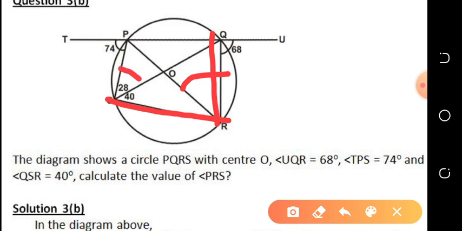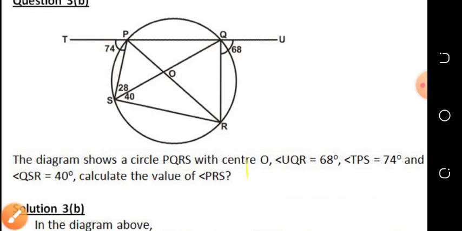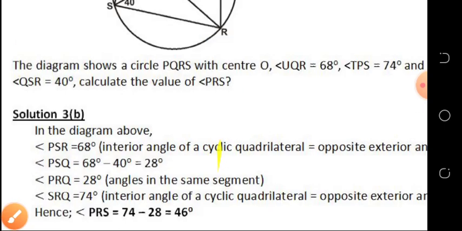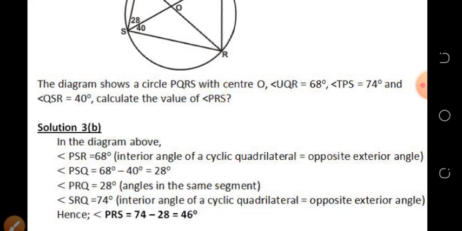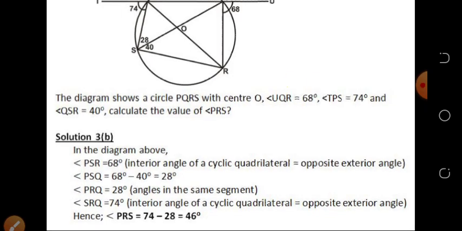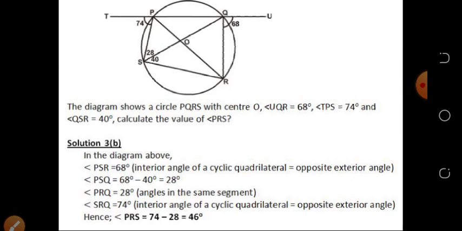That's angle on the same segment. If this part is 28, what is this other part when the whole of this is 74? So we have 74 minus 28. We now have the answer there as 46. Therefore, angle PRS that we are asked to find is 46 degrees.